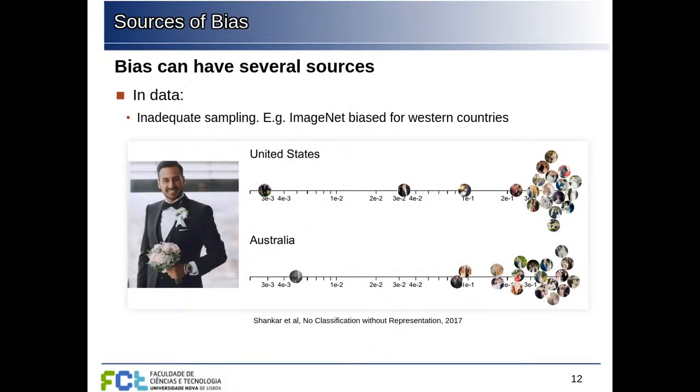Note that bias is precisely what we are learning, and so data must be biased in some way in order for us to learn. For example, this is the probability of classifying images of bridegrooms from the United States and Australia using a network trained on ImageNet, and this is the probability of the network classifying these images as bridegrooms.